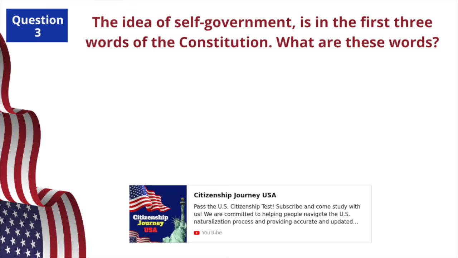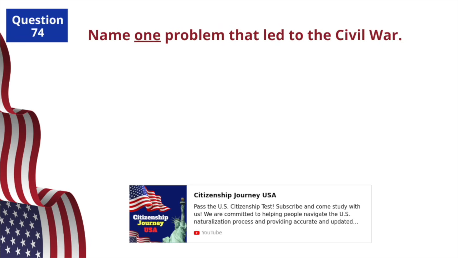The idea of self-government is in the first 3 words of the Constitution. What are these words? We the people. Name one problem that led to the Civil War.